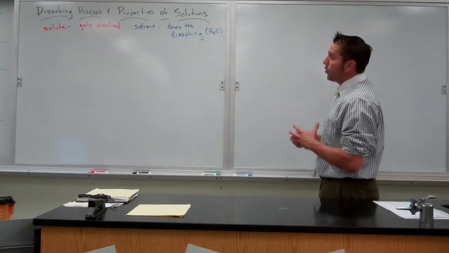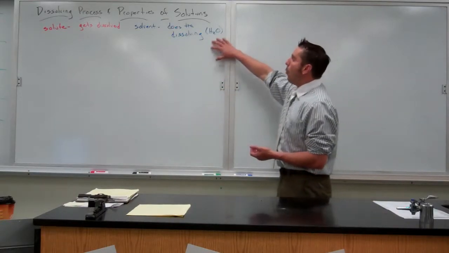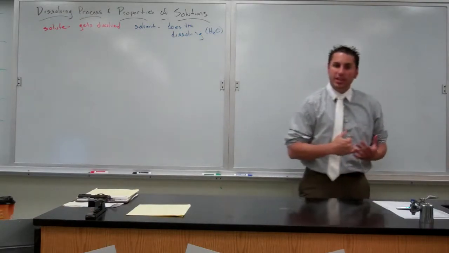But I'd like to get a little more specific about how that process occurs. How is it that water, for instance, as a solvent, can attack the solute and get it broken down?